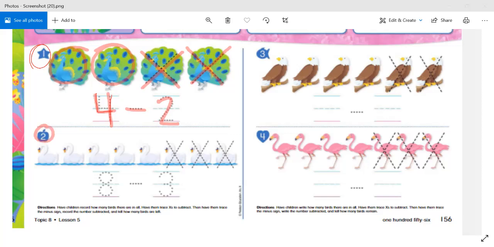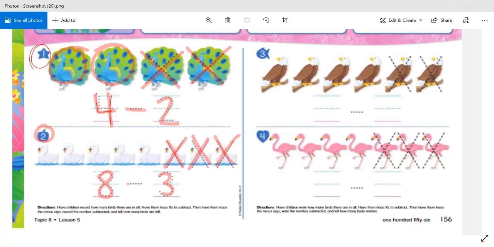We have 8 ducks or swans. So let's trace the number 8. And it looks like 3 go away. There's X's over 3 of them. So let's trace the X's to show that 3 of these swans go away.